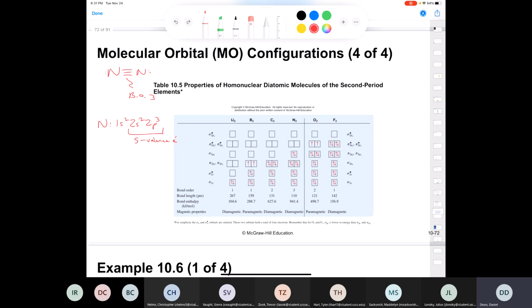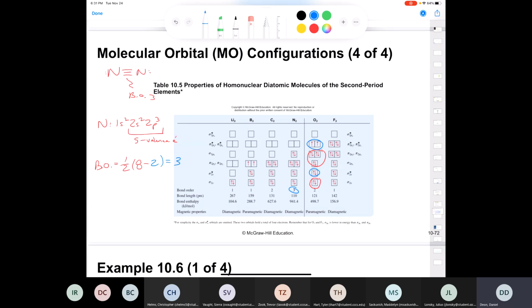Now the bond order is going to be equal to 1/2 times what's in a bonding orbital. These 2 are in a bonding orbital, and these 6 are in a bonding orbital. 2 plus 6 gives me 8. What's in antibonding orbitals? I've got 2 here in antibonding orbitals, and I've got 2 here. 8 minus 2 is 6, times a half is 3.